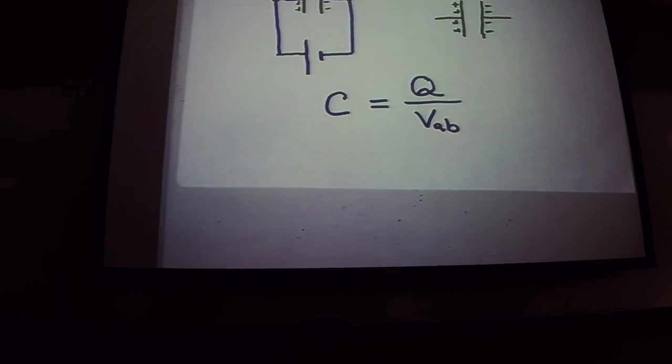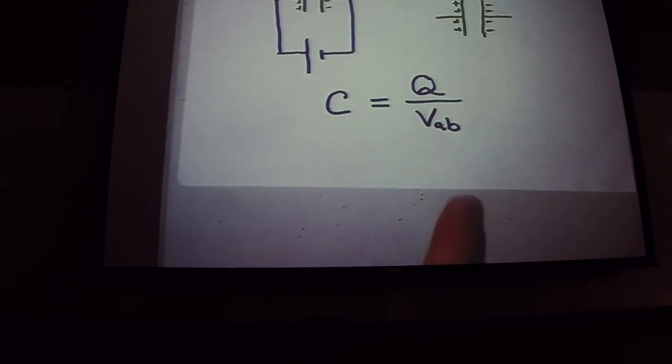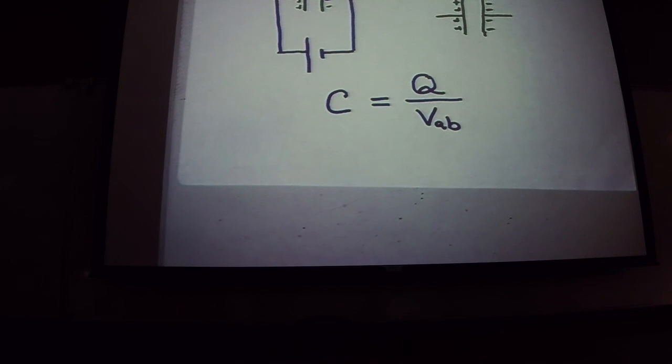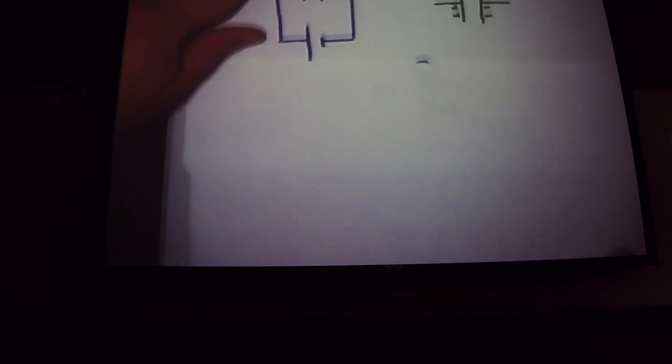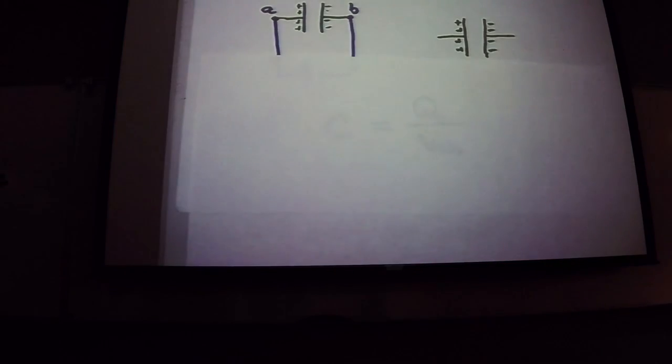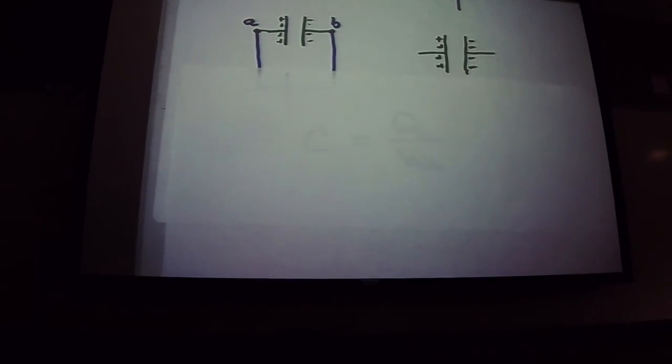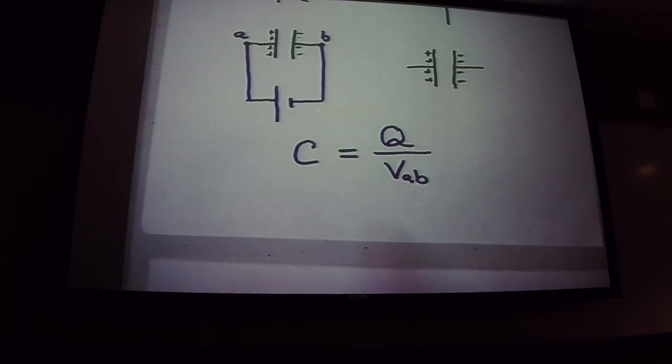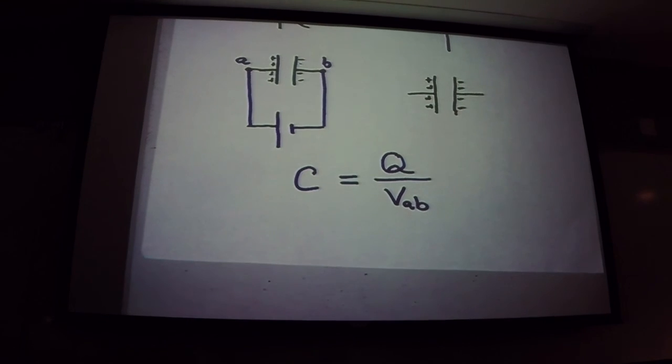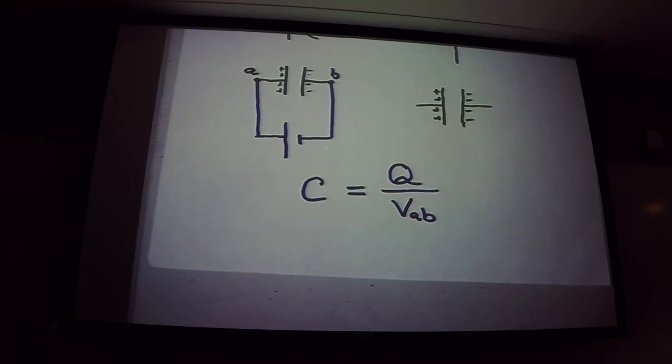I'm trying to be a little more practical and say, well, you need something. Let's just put a battery for now. I could do it with other things, but with batteries. So this is our basic definition of capacitance.